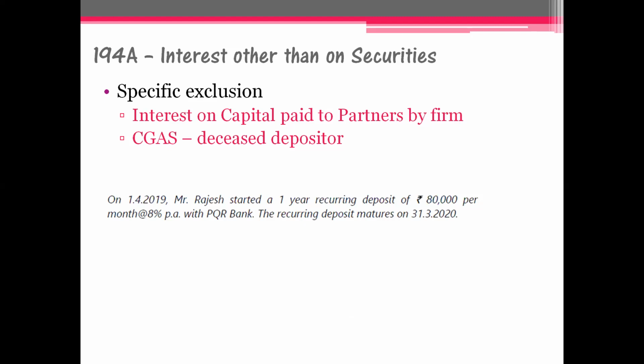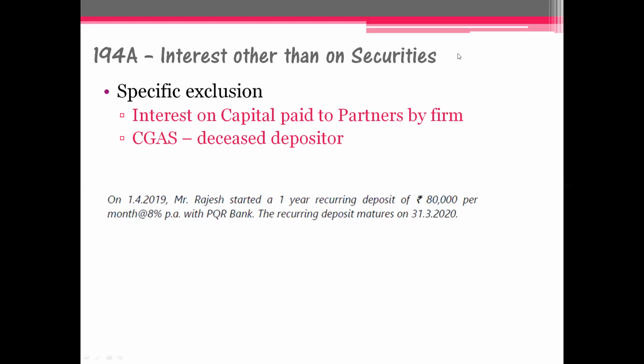Say a person deposits such amounts and the depositor is deceased now, in whose hands should the interest be taxed and TDS deducted? It should be deducted till the date of decease in the hands of the depositor itself, and for the later period it should be in the hands of the legal heir.